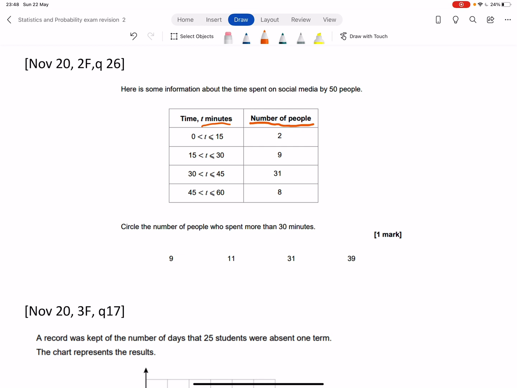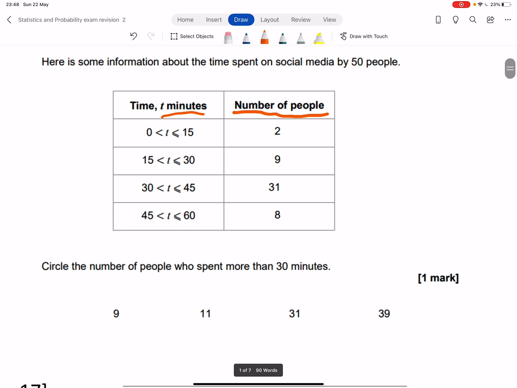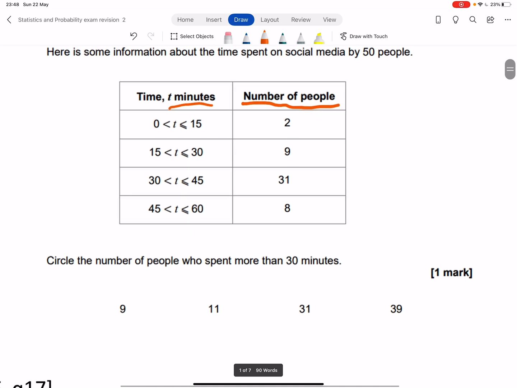The time is represented as double inequalities, so you need to read it as minutes from 0 to 15 minutes included, from 15 to 30 minutes, from 30 up to 45 minutes, and from 45 to 60 minutes. The question is, circle the number of people who spent more than 30 minutes.